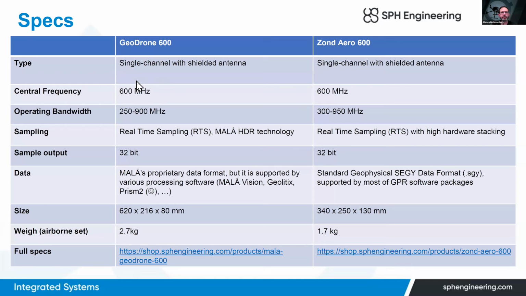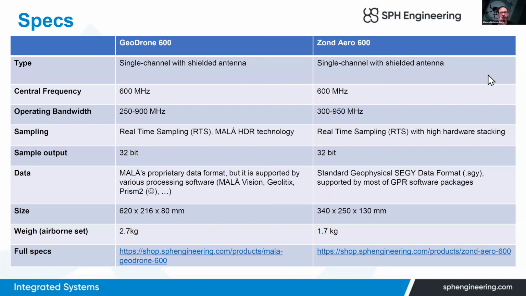Both radars digitize the data using 32 bits. That means a very high dynamic range of data. That means the radar can show very small differences in the recorded signal.